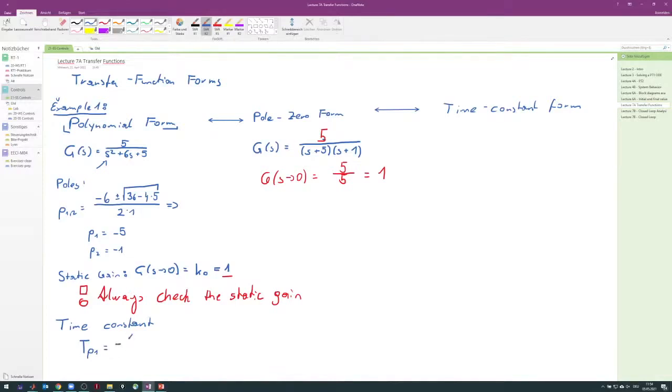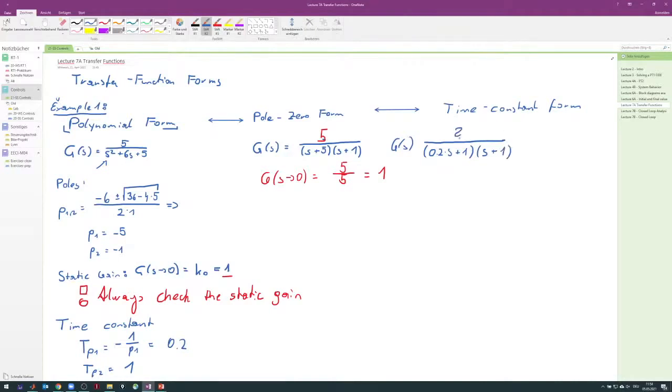So T1 is 1 over P1, which is equal to 0.2. T2 is 1 over minus 1, the negative of minus 1, which is 1. So the time constant form looks like the following: 0.2 times S plus 1 times S plus 1.